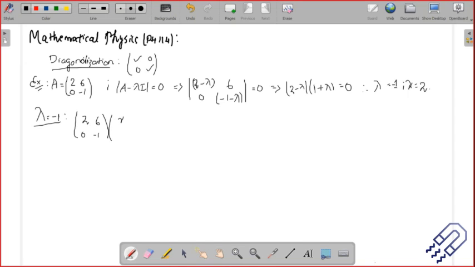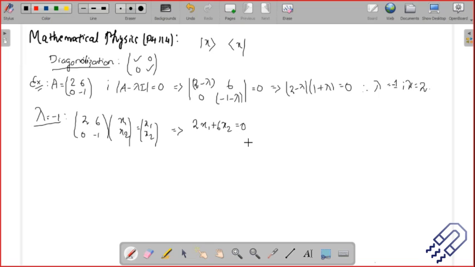So this is x1, this is x2, then we have x1 and x2 on the right side. Although I've been using this notation, x basically shows a column matrix, and this is for a row matrix. Let me keep these things simple here. Then we know this is 2 times x1 plus 6 times x2 is equal to 0.